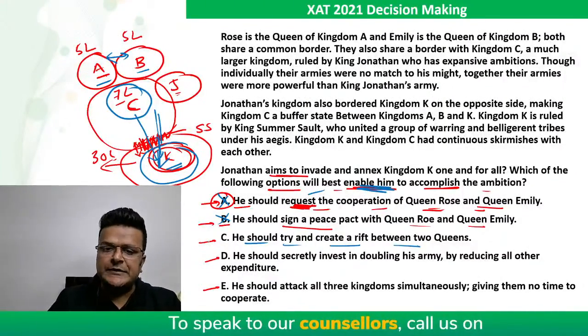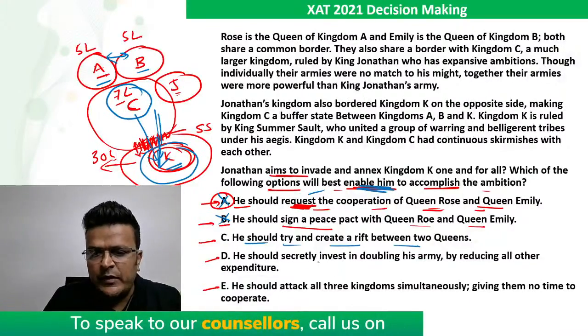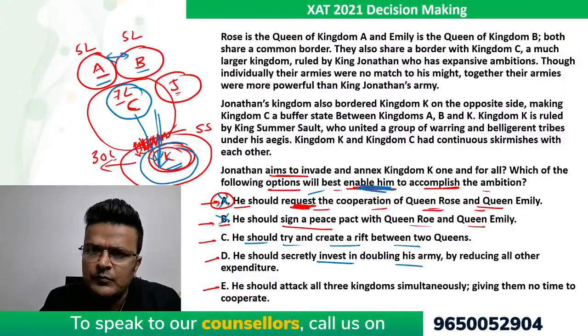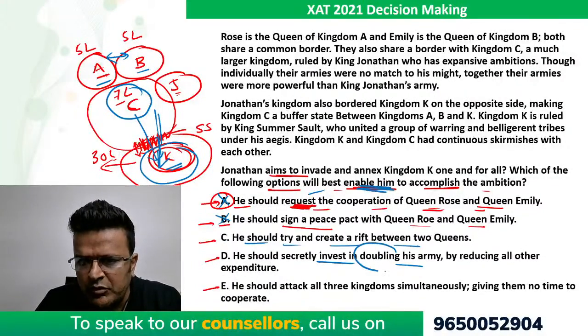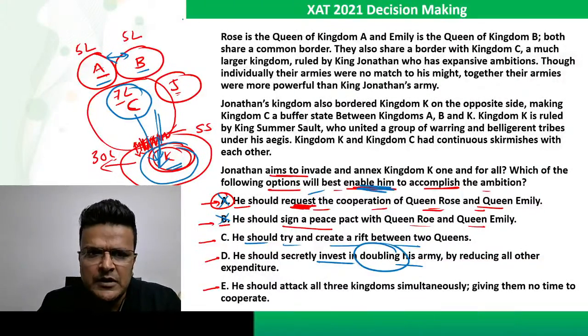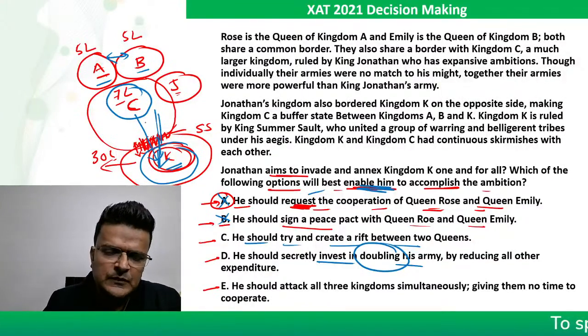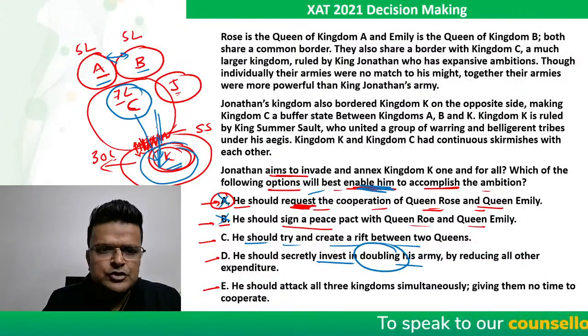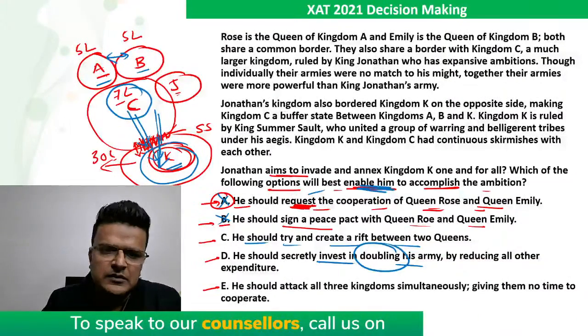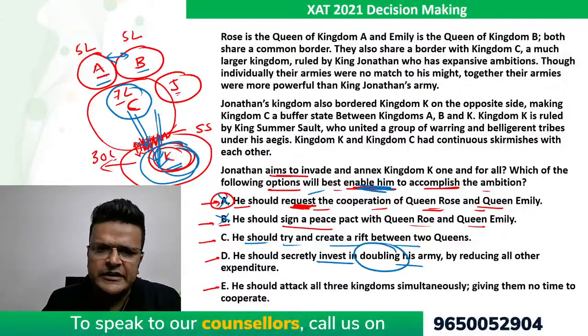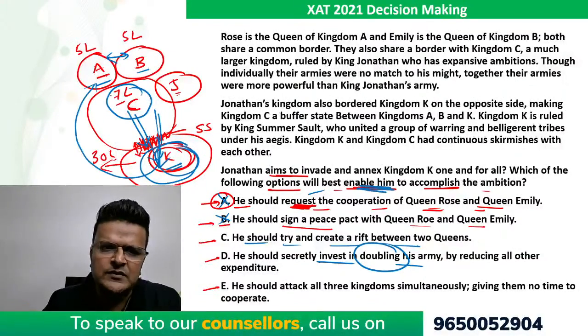So let's try D. He should secretly invest in doubling his army. Now, look at the word doubling. Do you see this? What is very important? Doubling. Why double? Suppose Jonathan attacks country K with his 7 lakh. Country K may seek help from these two guys, and they can come with their 10 lakh soldiers.